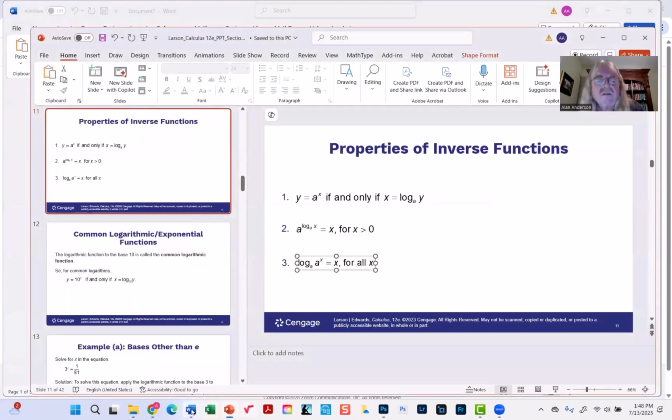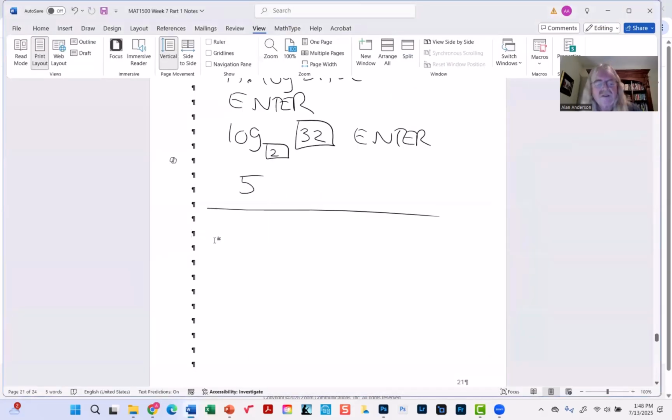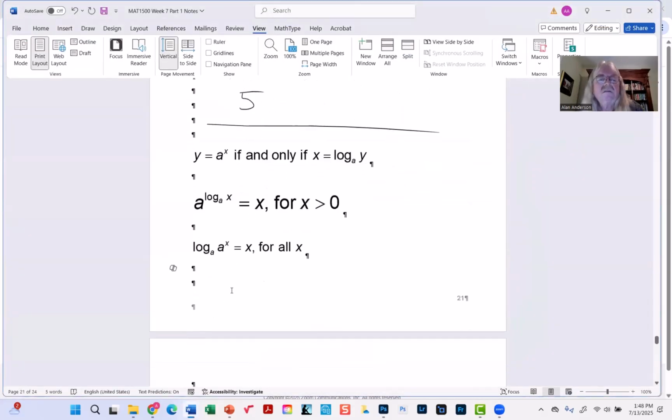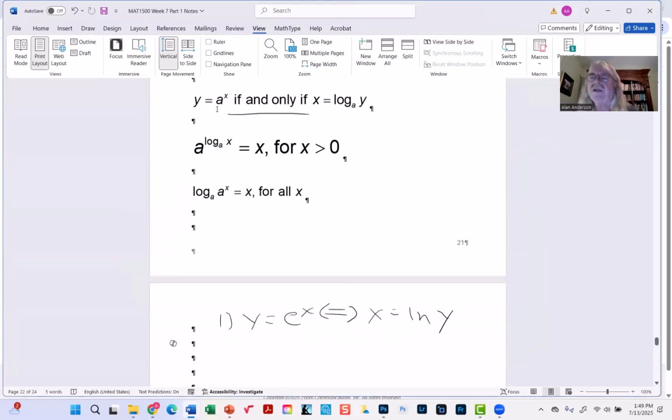In terms of natural logs, where the base is e instead of A, this is what these imply. By the way, this if and only if, sometimes you see it written in math with this special double arrow. It means the causality goes both ways.